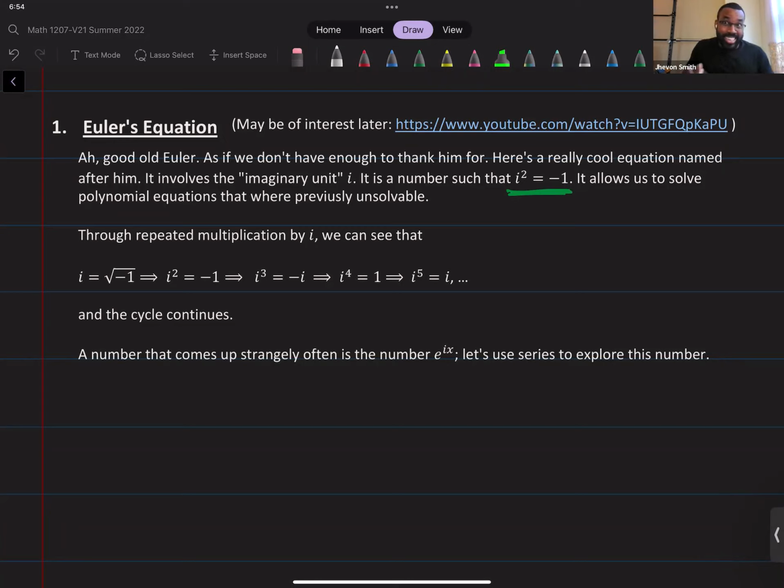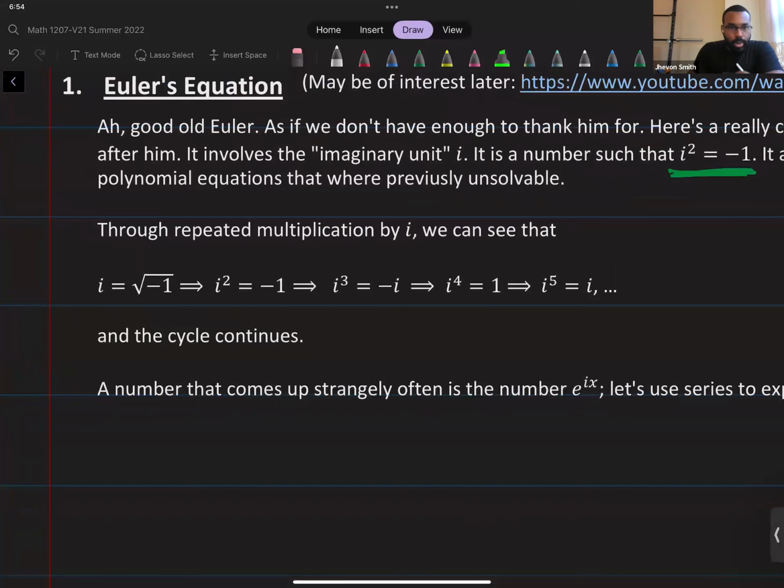Now, in physical reality, it doesn't seem to make sense, but the idea of a negative number is super important, obviously. And so, just take it on faith right now that such a number exists, a number that when I square it, the result is -1. And by repeated multiplication, you can find the following. So i is the square root of -1.